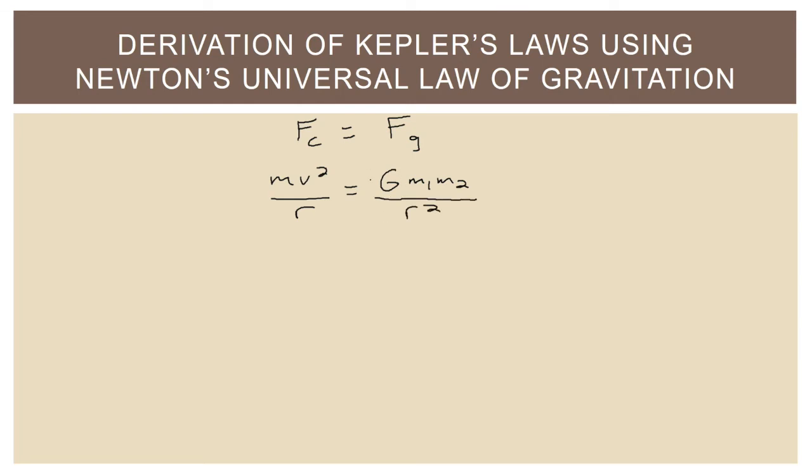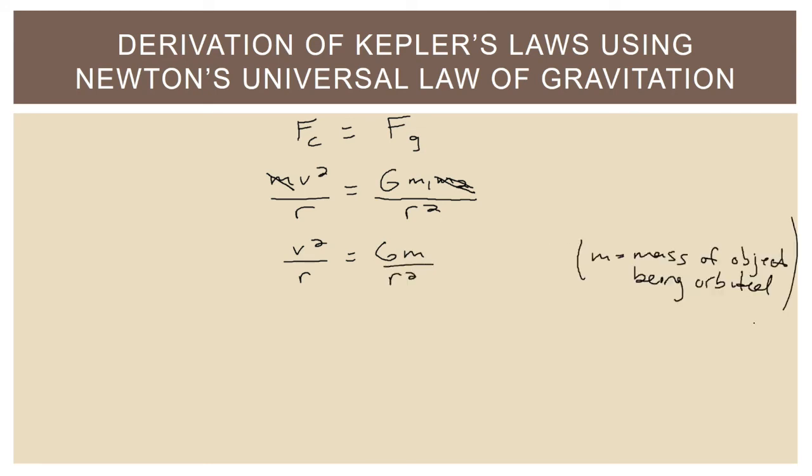As we did before, the mass of the object that's in orbit cancels, leaving behind only the mass of the object being orbited. So it's very important to remember m here is the mass of the object being orbited. And that leaves us with v squared over r equals GM over r squared.